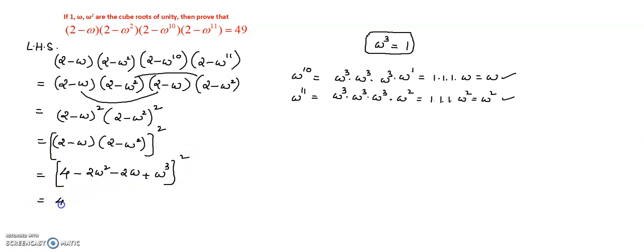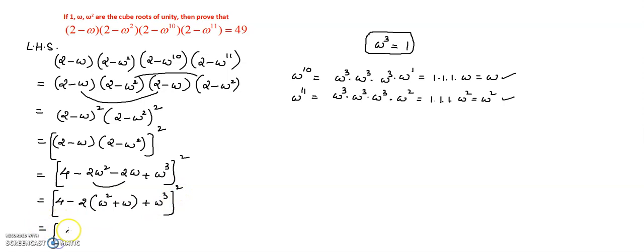So 4 minus, you can see the middle two terms, we can take out minus 2 common from these two terms. So we will have omega square plus omega, plus omega cube, as it is, whole square. The square is still there.